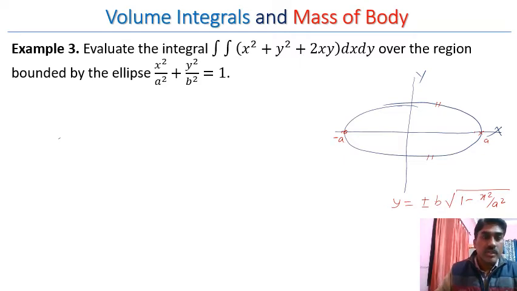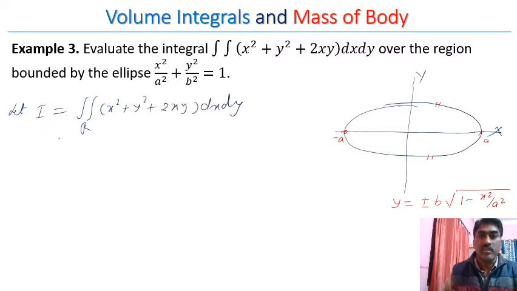So let us say this integral is I. Let I be equal to the double integral of x square plus y square plus 2xy dx dy, where R is this region bounded by the ellipse, so we need to put the limits.